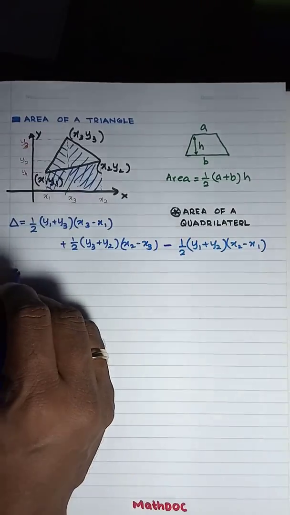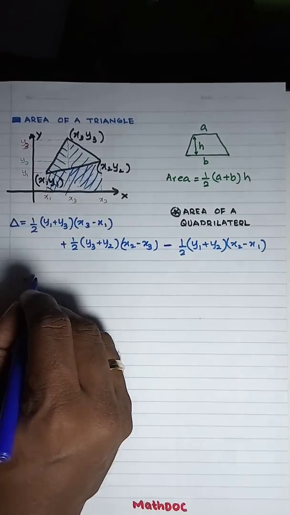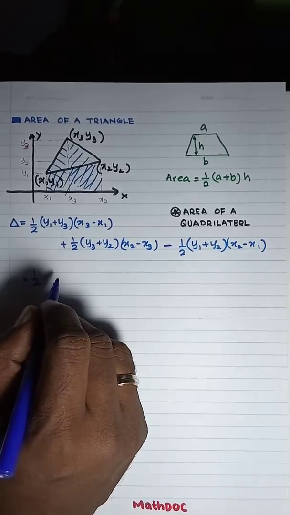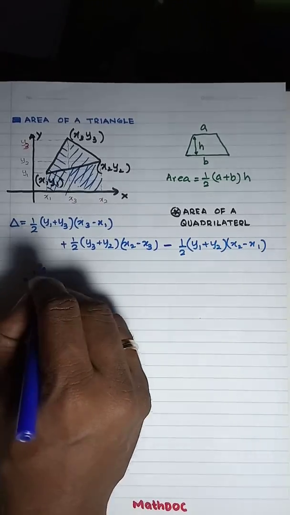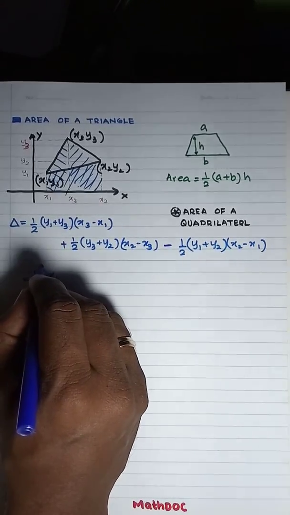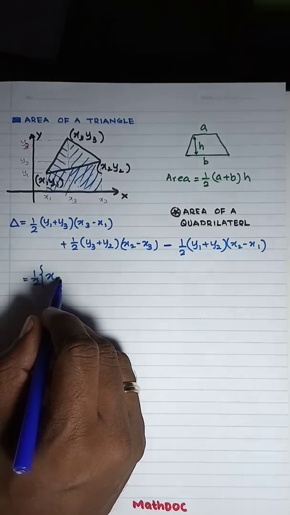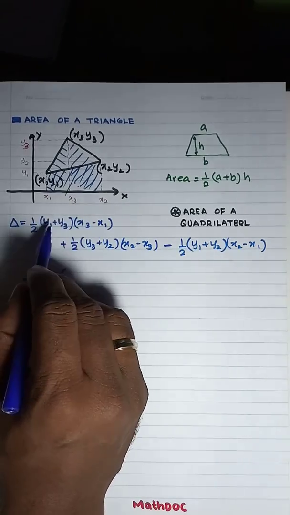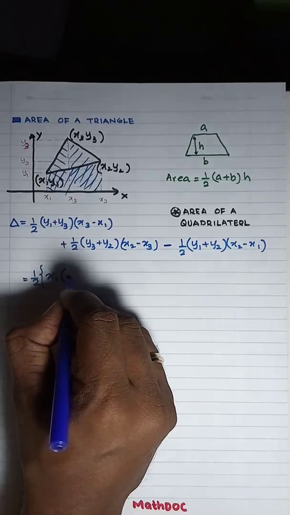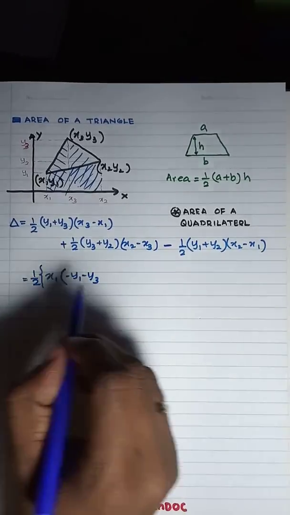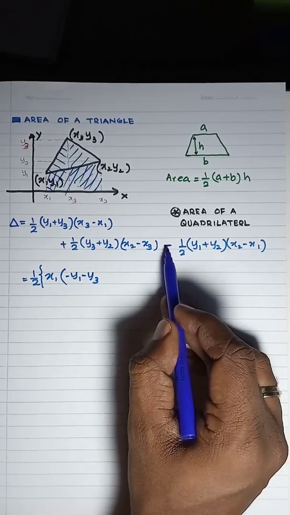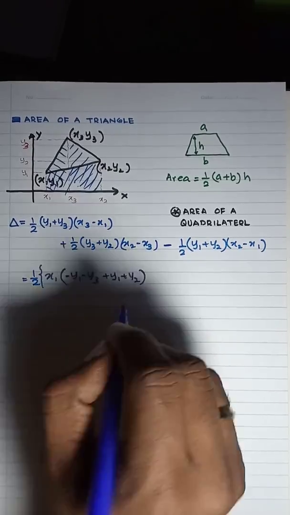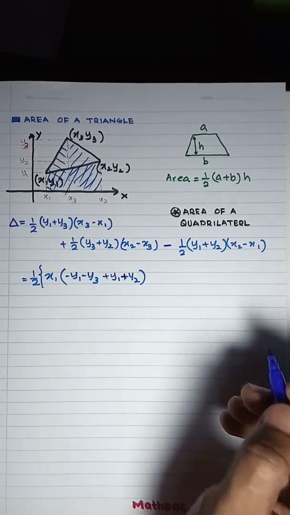Then when we simplify this, take the common half outside. To remember this easily, I'm going to take the x1 coordinate as a single term. Here x1 times (y1 plus y3) with minus sign, then minus (y1 minus y3), and x1 with this one plus x1 times (y1 plus y2). You can combine that.